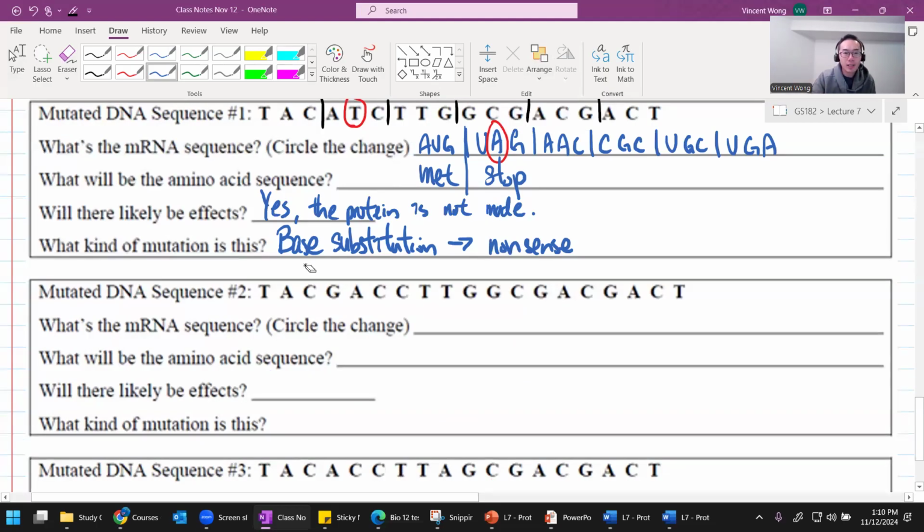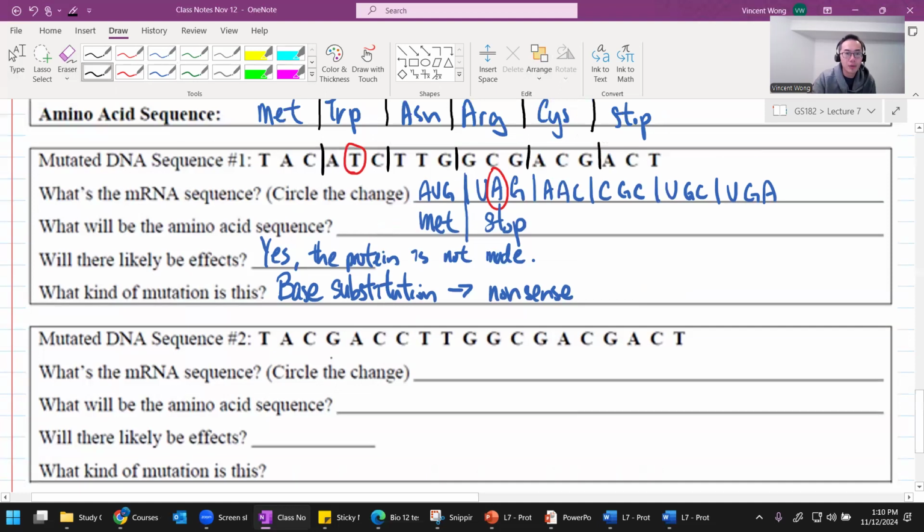Okay, let's try that again. Number two, I'll do this one with you as well. We're going to chop them up into triplets. We always do. And again, this is in your study guide. Now, when you chop them up into triplets and you notice, hey, there's an extra one, I can't divide them equally.